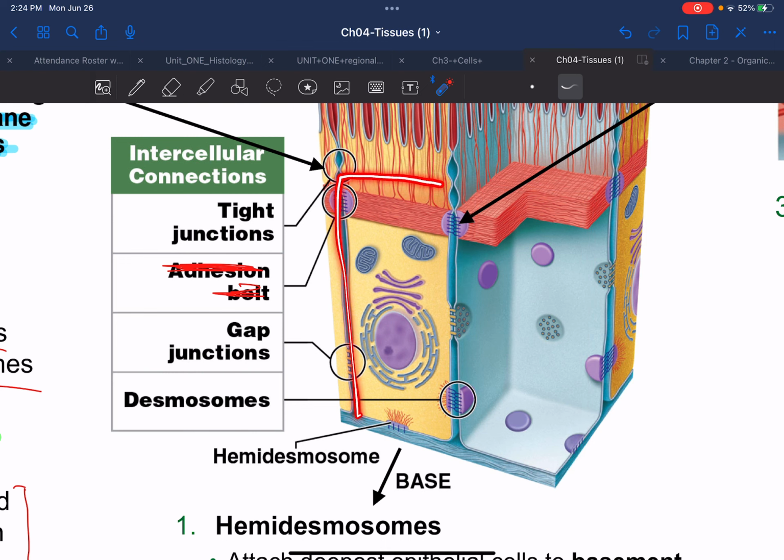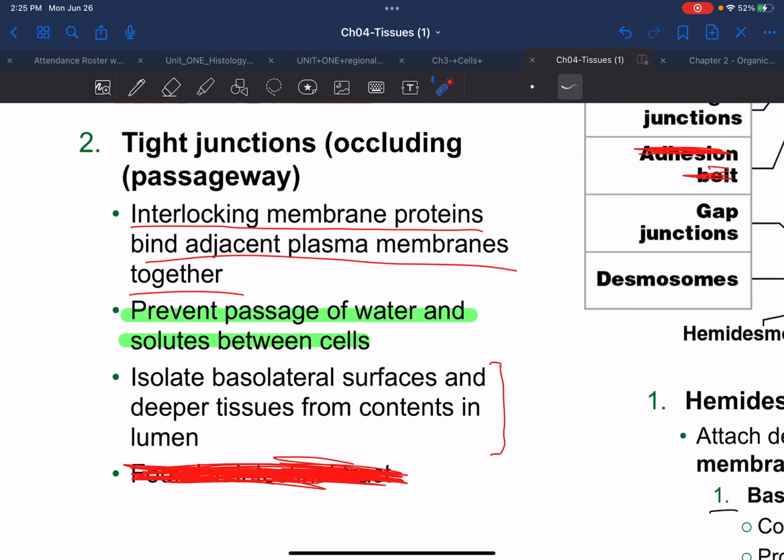You're seeing another little columnar cell here. And so these tight junctions sort of keep them connected, and it doesn't allow things like liquid to go between where the gap junctions are, where the desmosomes are. It keeps them tightly bound together, at the plasma membrane end or the apical end typically, in order to make them waterproof in the lateral sides, to not allow water and solutes in between the cells.